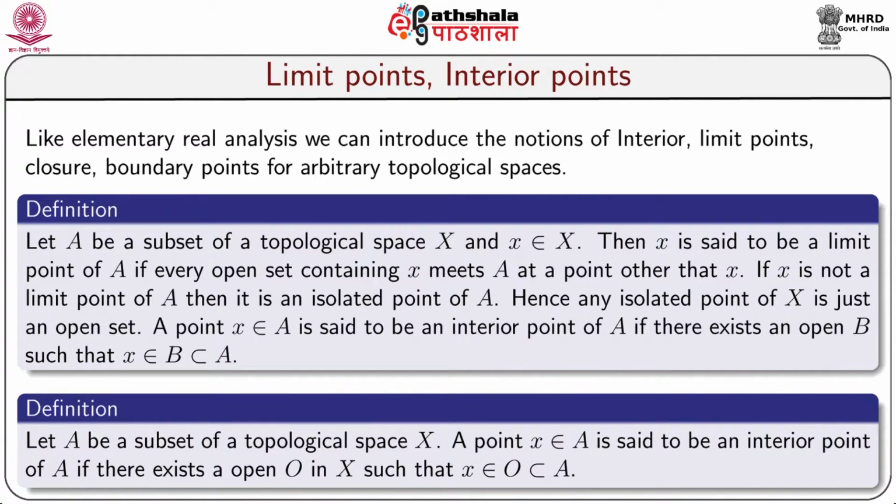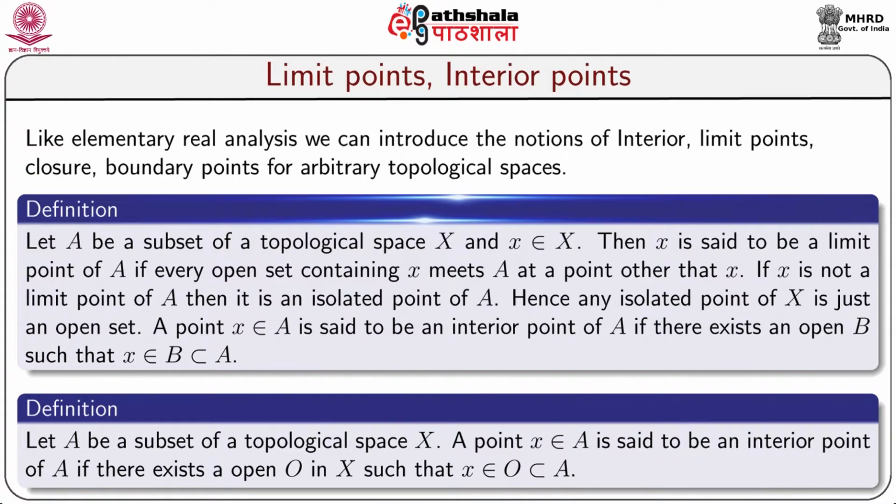Again, as in elementary real analysis, we can define limit points and interior points in an arbitrary topological space also. So, let us start the definition. Let X be a topological space, A a subset of X, and x an arbitrary point of the topological space. Then x will be called a limit point if any open set containing x intersects A in a point other than x.